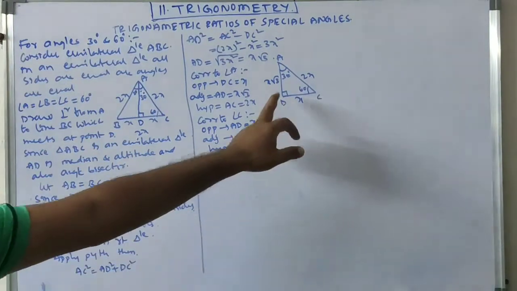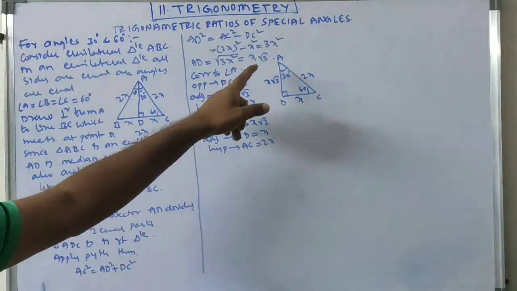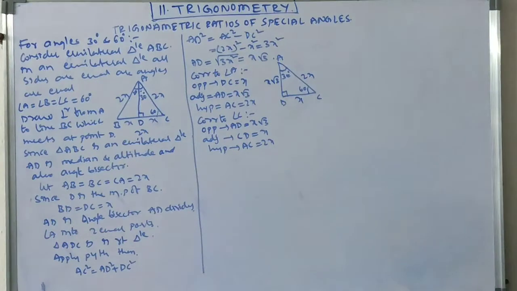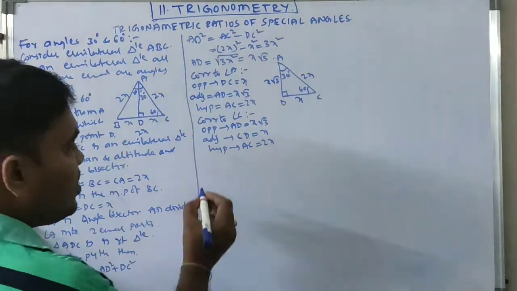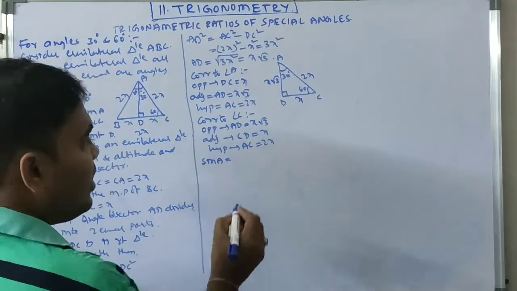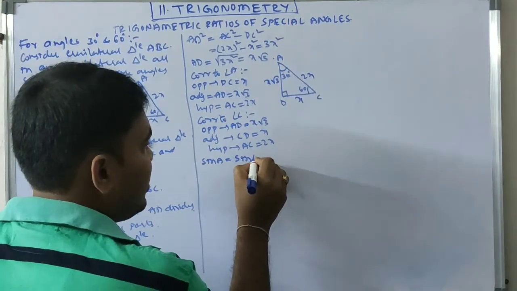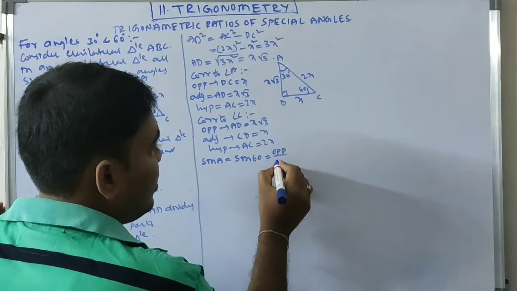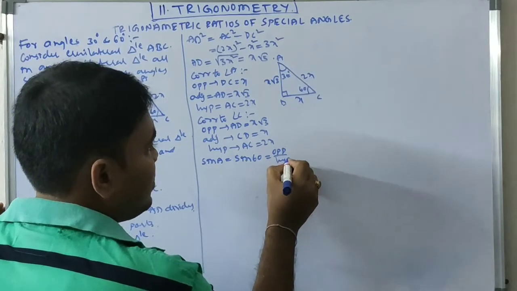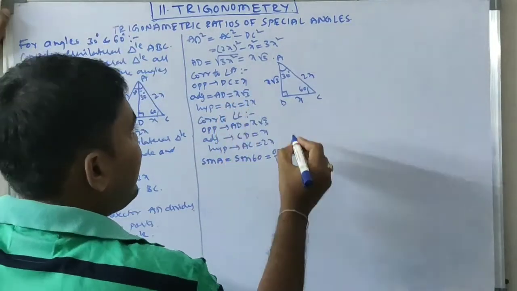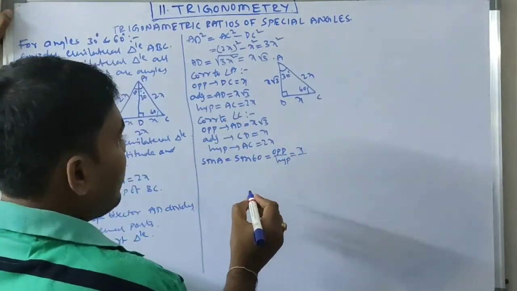Since D is the right angle, corresponding to angle A or angle C, AC is the hypotenuse. Now sin A equal to sin 60 equal to opposite by hypotenuse. What is opposite according to angle A? Opposite is x.